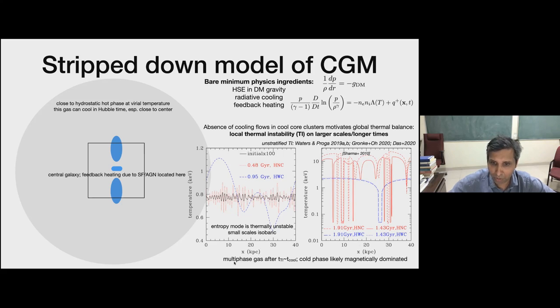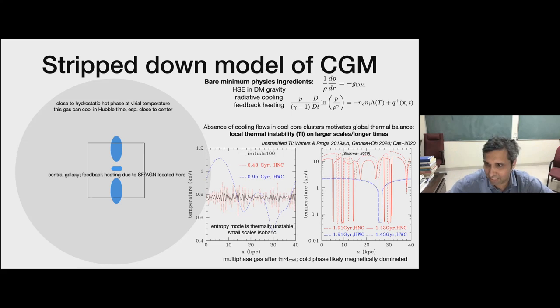Okay, so in this setup with periodic boundary conditions, you always have multi-phase gas after a thermal instability timescale, which is comparable to the cooling time. And since the plasma is compressing in the dense cool phase, this cold phase is likely magnetically dominated in reality.